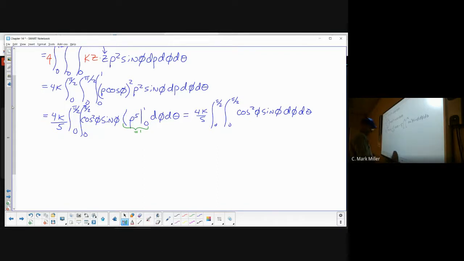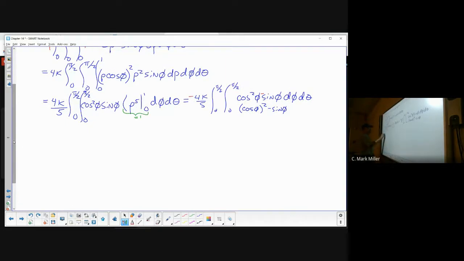So we need to put in a negative sign right there and a negative out here. And then we're going to have cosine. This gives us cosine phi squared times minus sine phi. That's cosine to a power times its derivative, derivative of the inside.